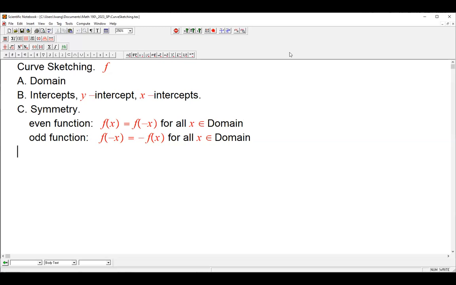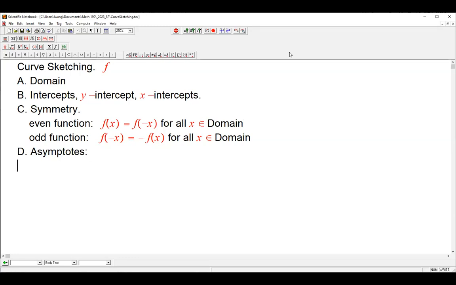D is we're going to study the asymptotes. The asymptotes will include the vertical asymptote and the horizontal asymptote. And these will allow us to apply what we learned in calculus.